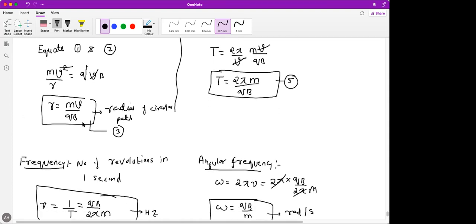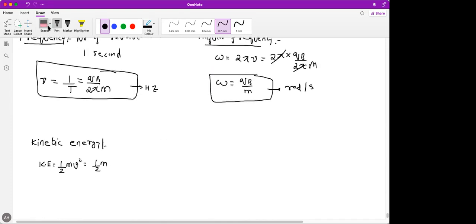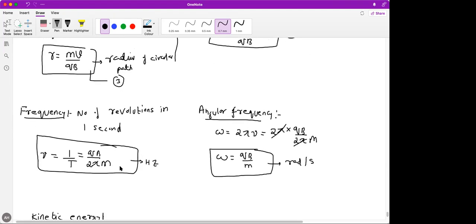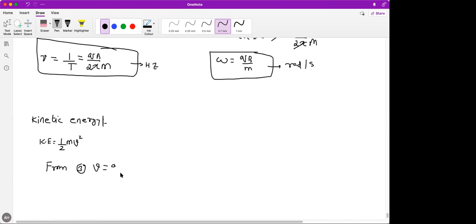V we can calculate from equation number 3, like V will be qBR by m. We can substitute the value of V here.